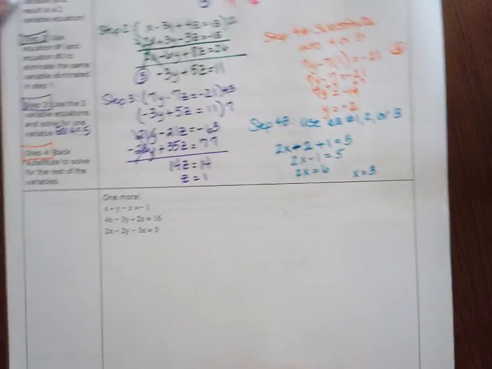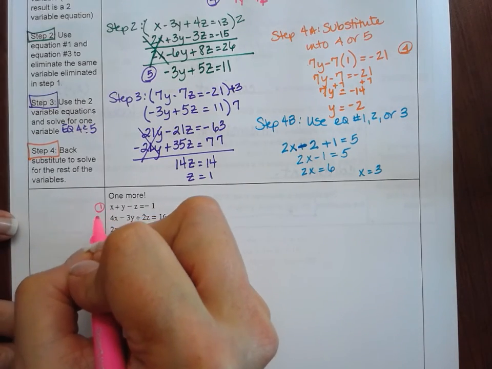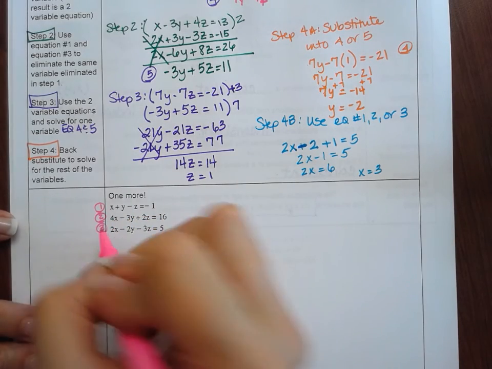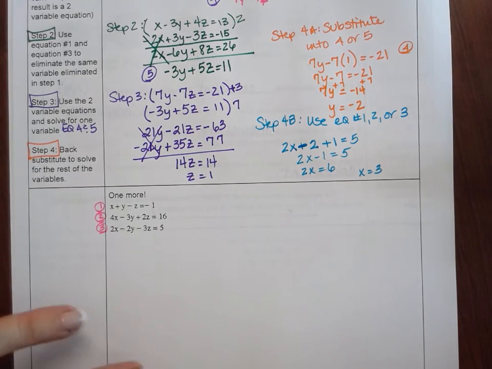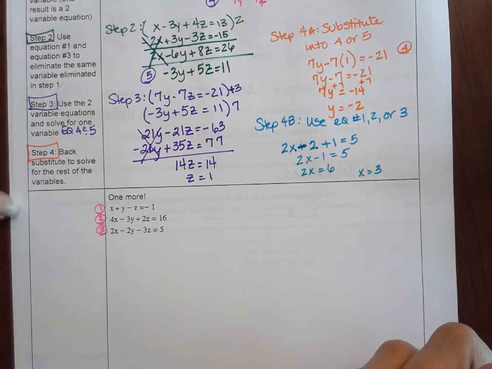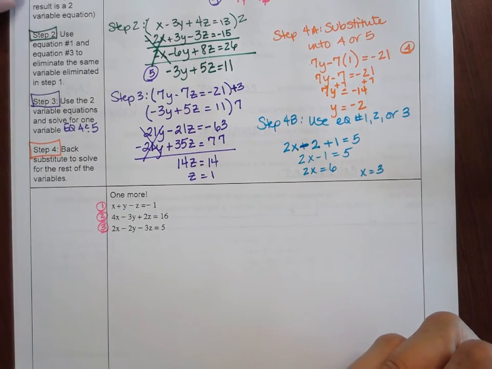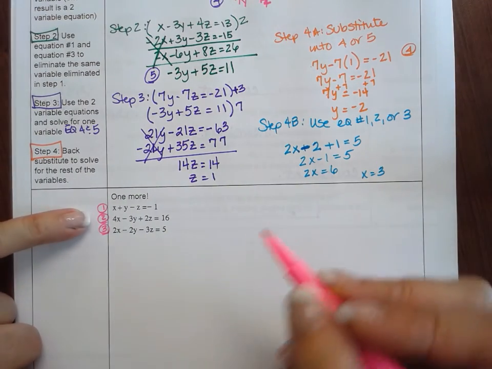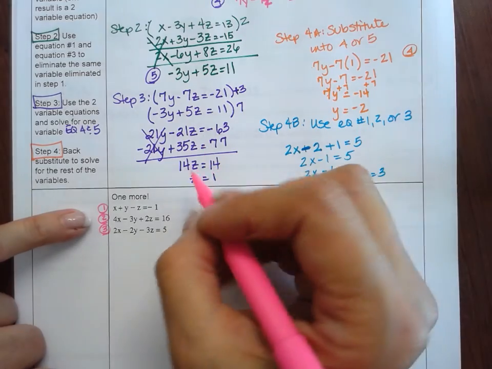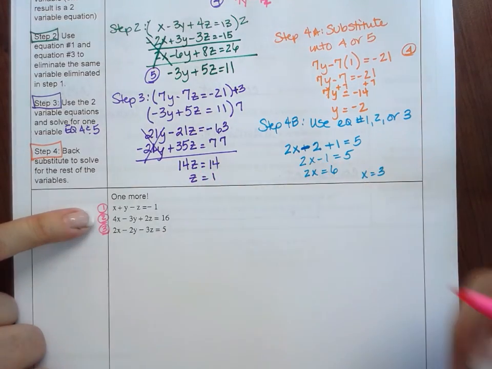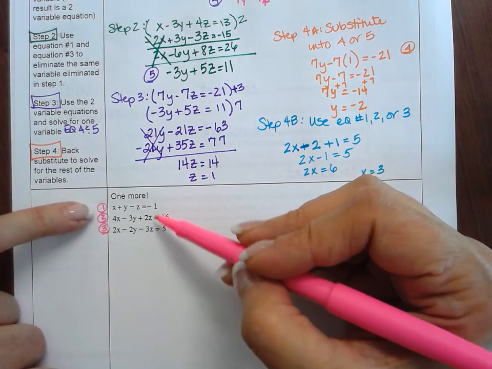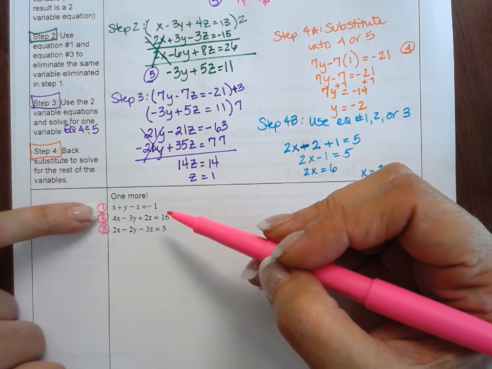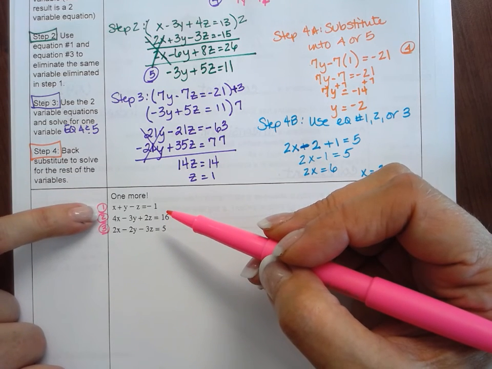All right, step 1. No, you use above. I'm just saying it. Using equation 1 and 2 to eliminate a variable. What do you want to multiply 1 by? And what variable do you want to get rid of?